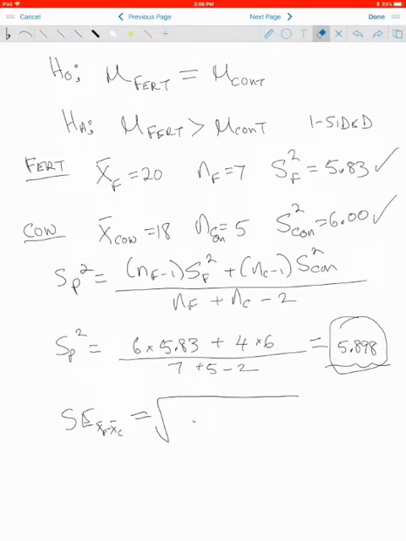It equals the pooled variance, which was 5.898, divided by the sample size for fertilizer, which is 7, plus the variance of the control group, 5.898, the pooled variance, divided by the sample size of the control group, which was 5. So it's always the pooled variance in here divided by the number of individuals in each of the two groups. You divide them out, add it up, take the square root of that mess.